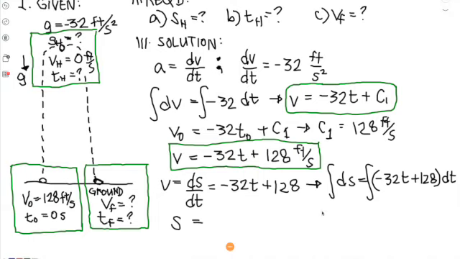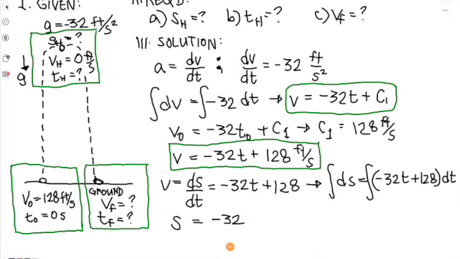I hope you don't mind if I do some shortcuts here. I hope you can follow. You can pause the video and try to solve it on your own, but this would just be the simple power formula. So this would be negative 32, that would be t squared over 2.